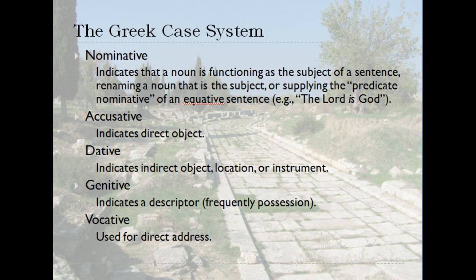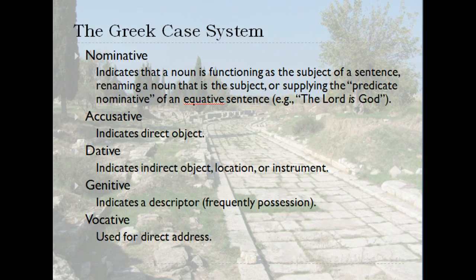When Peter calls out to Andrew to get his attention, the name Andrew, or the word brother, appears in the vocative case. Andrew, get over here! Andrew would be in the vocative case.